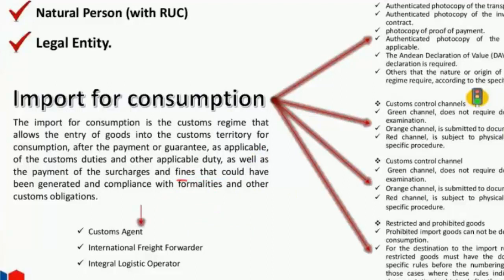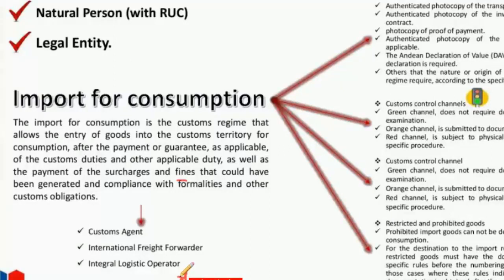which stakeholders will we use? We will use a customs agent, an international freight forwarder, or an integral logistics operator. In this case, if you are importing for the first time, it is better if you use an integral logistics operator, because he will help you and do the whole process.